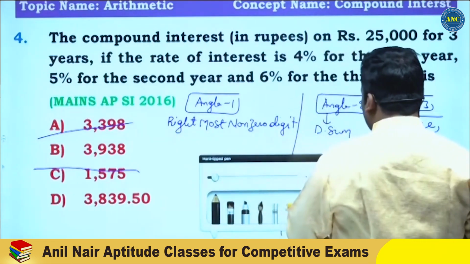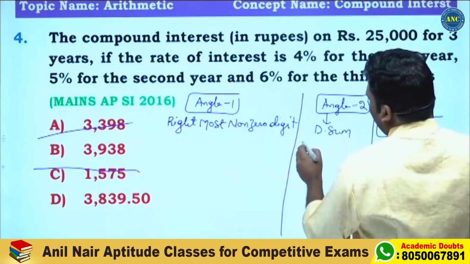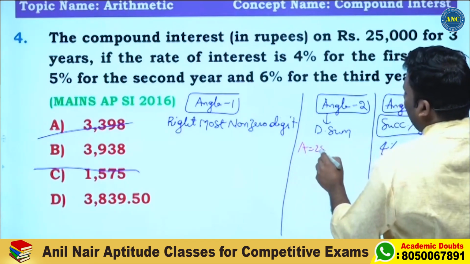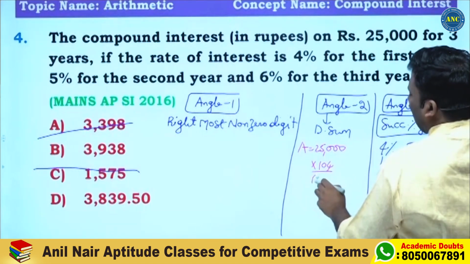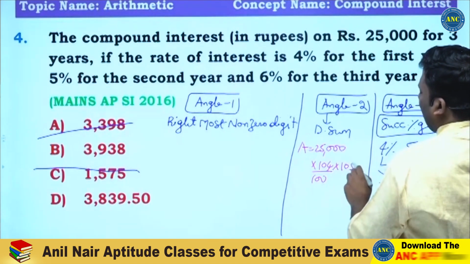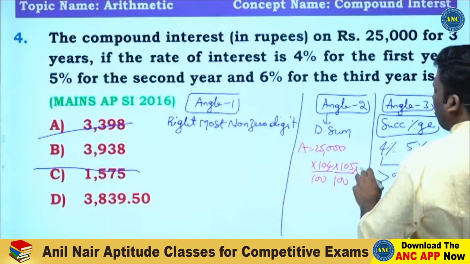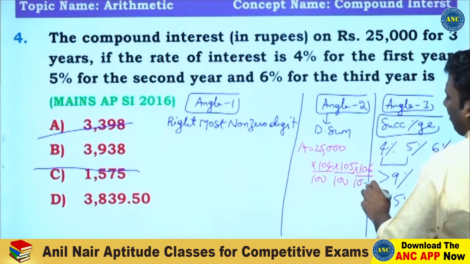Now if I use angle 2, the amount is 25,000 into 104 by 100, 105 by 100, 106 by 100. Don't show your mathematics speed calculation here.